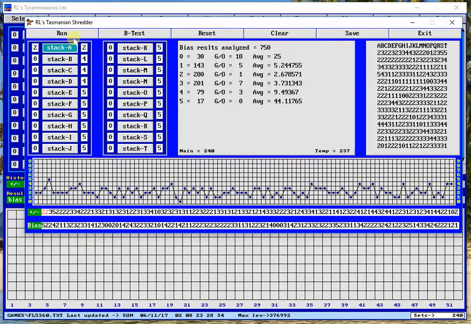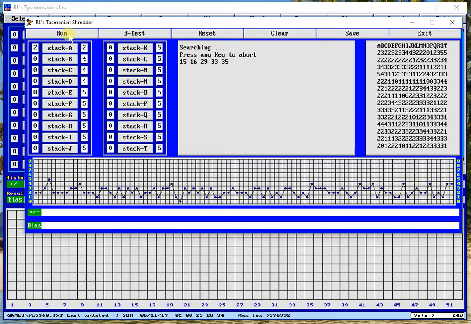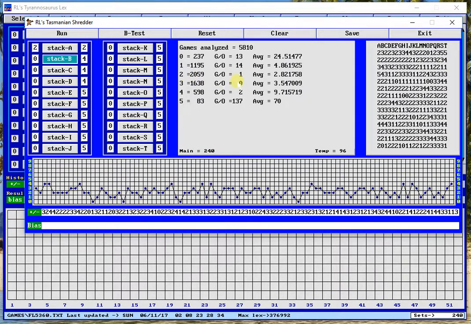So whenever I go to run my filters, it's going to filter everything down. The trick to this one here, obviously a 2 hitting in that second, the B position, is quite common, obviously by the amount of hits. But if you look at the bias down here, if it's just a 3, a 2 follows.